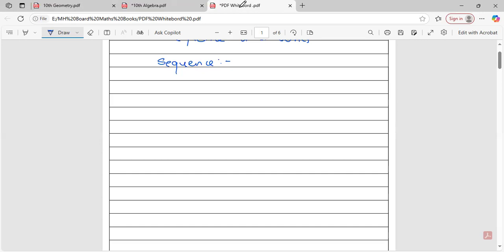Sequence means set of numbers with the same common difference. I'm not asking about numbers. Sequence is neatly arranged, like seeds in a sunflower. Okay. They are sequentially arranged.